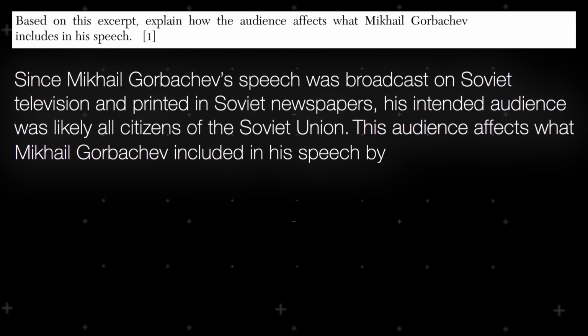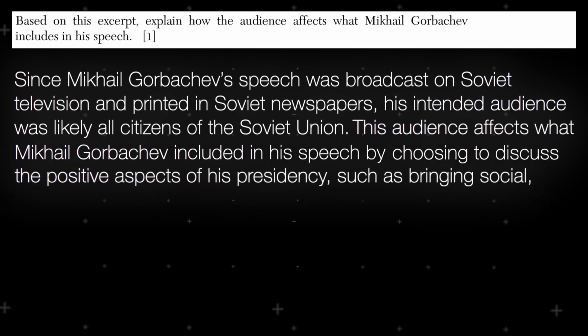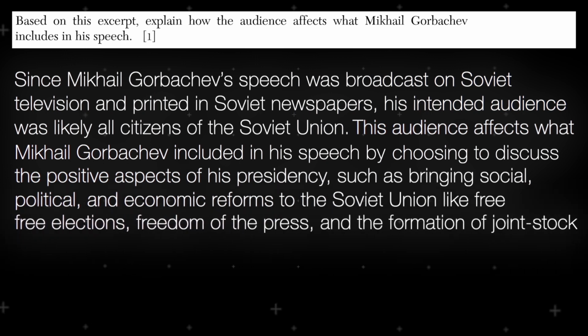Here's what I would put in my answer. This audience affects what Mikhail Gorbachev included in his speech by choosing to discuss the positive aspects of his presidency, such as bringing social, political, and economic reforms to the Soviet Union, like free elections, freedom of the press, and the formation of joint stock companies.